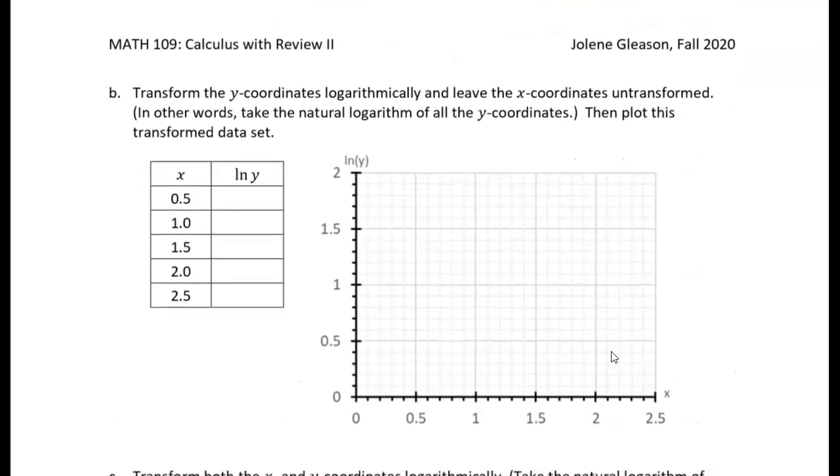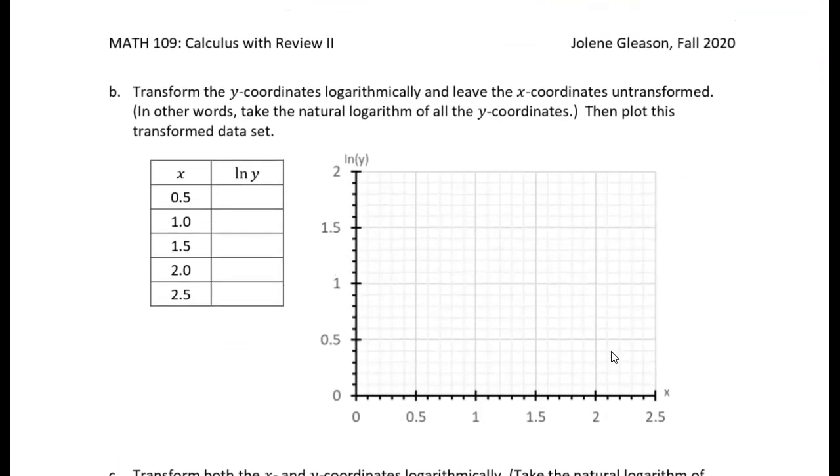All right, so step one, we're going to transform the y coordinates logarithmically. We're going to leave the x coordinates alone, and we're just going to take the logarithm of all the y values. So I'm taking the data in part A and just taking the logarithm of the y values.